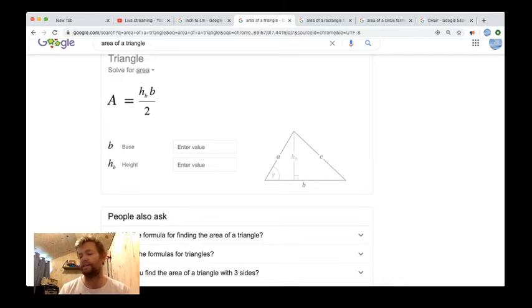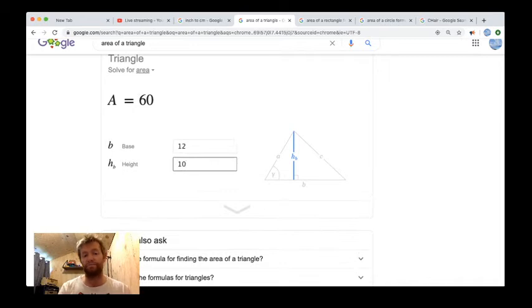Let's say you've got a triangular vase, and you're measuring the surface area of the top opening. I'm just making stuff up here, but along the base it might be 12 centimeters, and the height, or the depth of the triangle, might be 10 centimeters, and it would come up with 60.